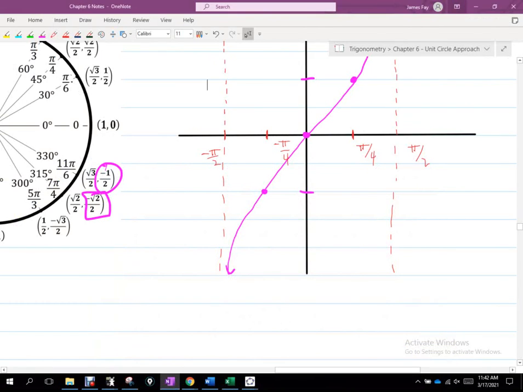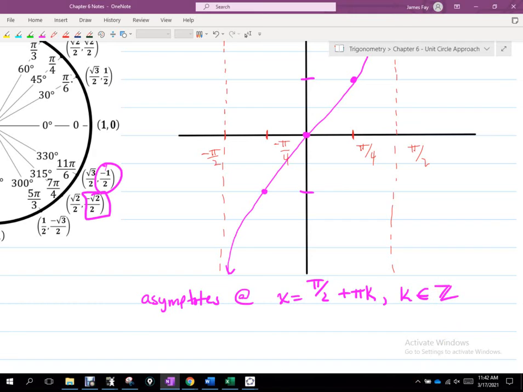So we want to write, so we'll say the asymptotes are found at x equals pi over 2 plus pi k, where k is an element of our integers. Okay?